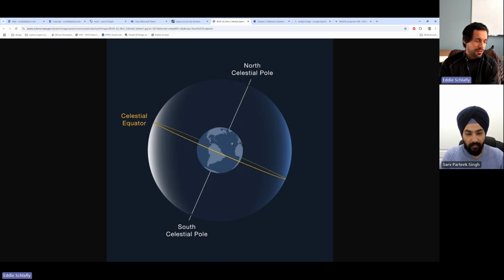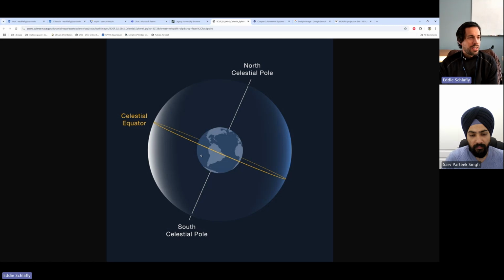Just like on the ground, you need to make up some convention for what defines the 0 of right ascension. How do you decide which one of the different meridians to call 0 right ascension?